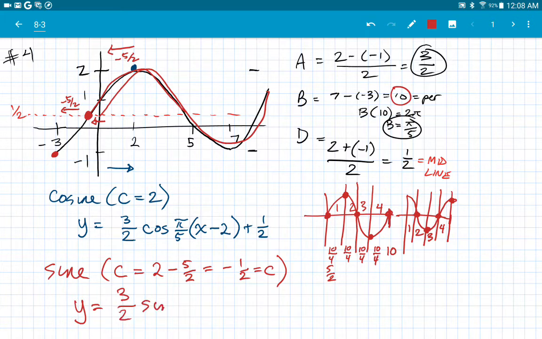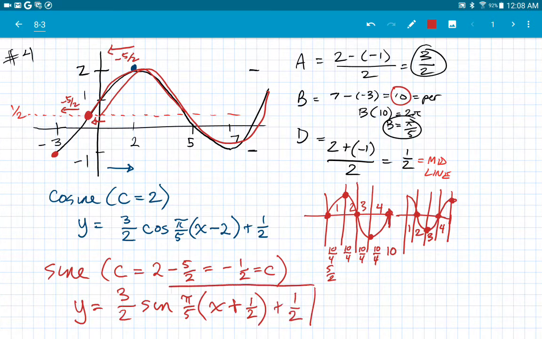We have sine now. The b value never changes, that's pi over 5. And then we have our x value. Since we're going to the left, we need to represent that going to the left, and that's going to be positive. X plus 1/2, because we went left half. And then we have our d value, plus half as well. So that's going to be our equation for sine.